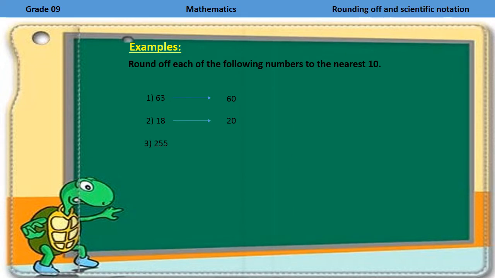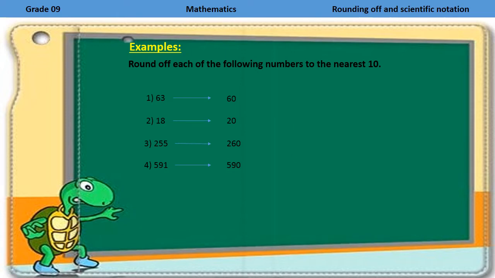255. Here the digit in the units place is 5. So we have to replace it by 0 and increase the tens place by 1. The answer is 260. 591. 1 is less than 5. So we have to replace the units place by 0.